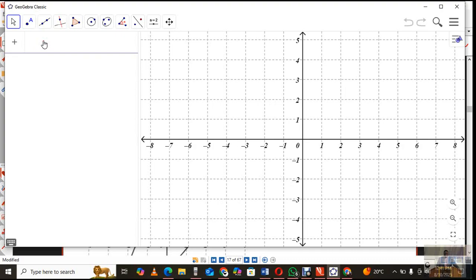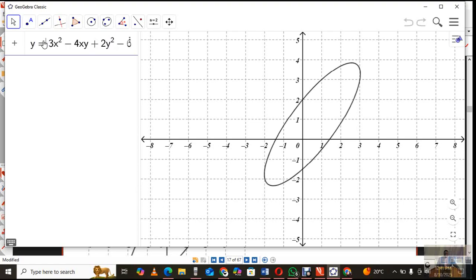The curve is 3x squared minus 4xy, this thing that looks like ellipses and so on, plus 2y squared minus 6.